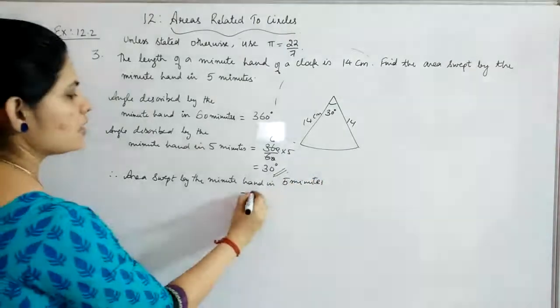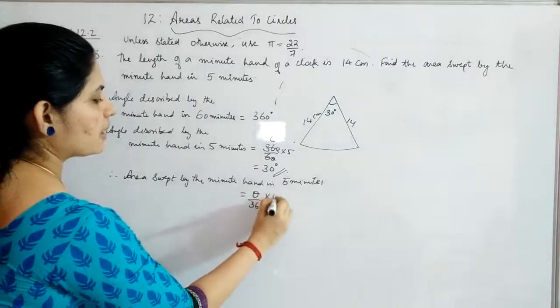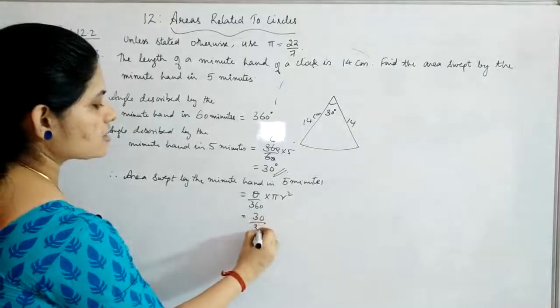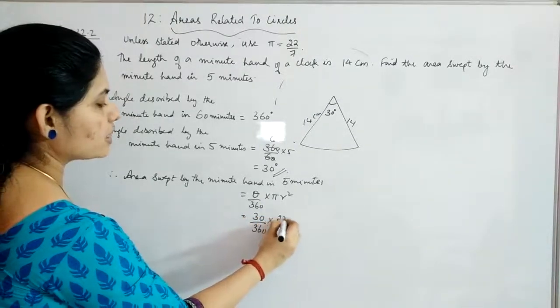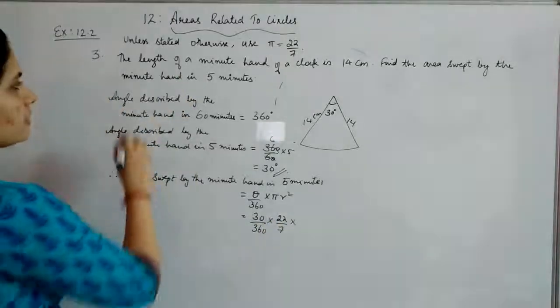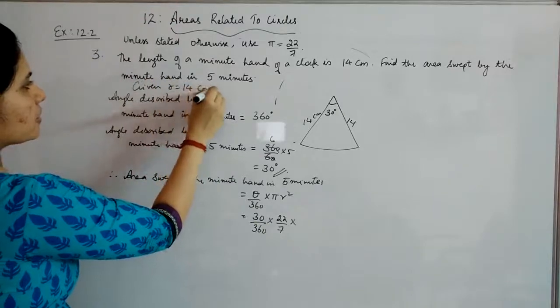What is the formula? Theta by 360 into pi r square. Theta is 30 by 360 into pi is 22 by 7. R is given, R is equal to 14 centimeters.